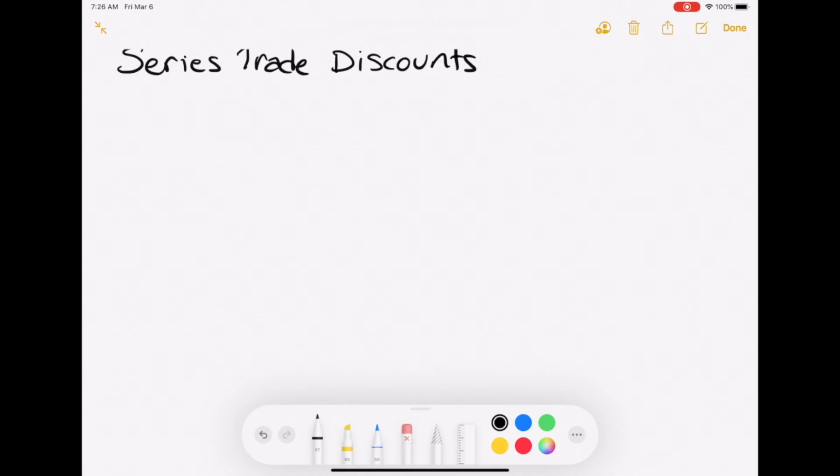So looking at example 1, let's solve example A. So we're going to start with our list price, and this is kind of our equation, whatever it gives you in the problem. So in this example, it gives us a list price of $260, and our first discount is 30%.